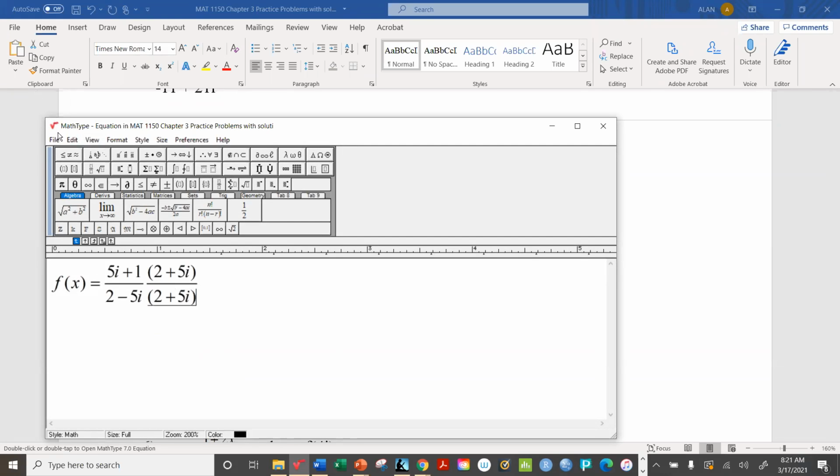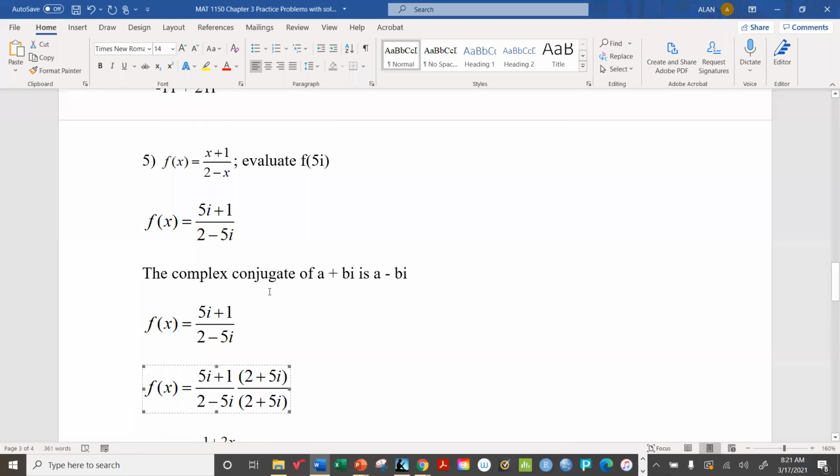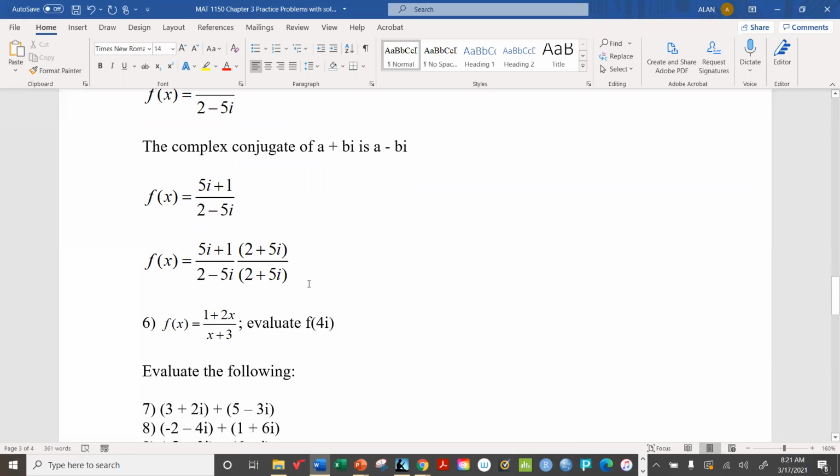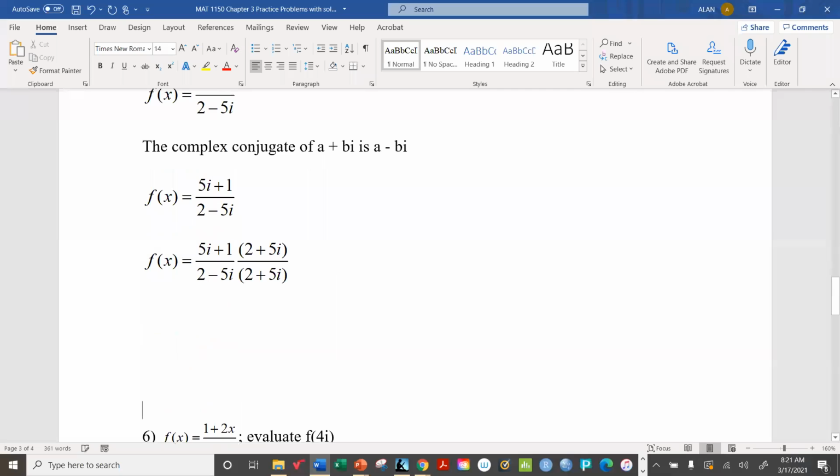And now, of course, because I'm multiplying by a ratio which equals 1, I haven't changed anything. But now I've got to watch it because I need to do some foiling here for both the numerator and the denominator. Okay, so the numerator is 5i plus 1 times 2 plus 5i.